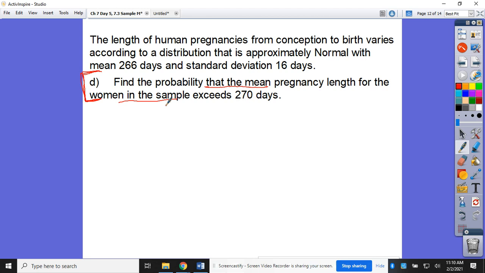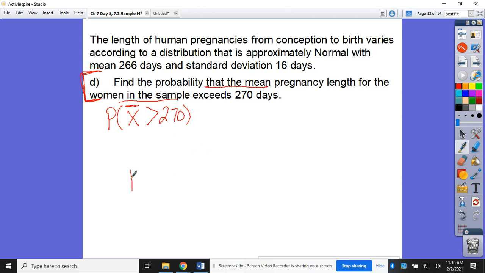I want to know the probability that the mean of the group is that. So I'm still finding the probability, so P parentheses. Am I still finding the probability of where X is? Now I'm finding the probability of where X bar is. And I still want greater than 270.